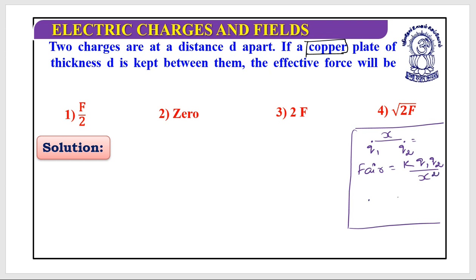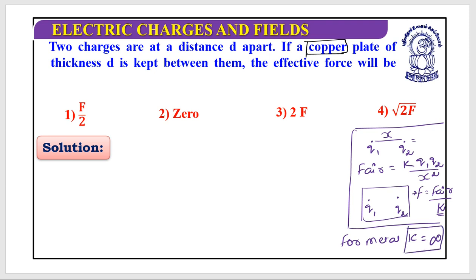Now if a metallic object has been placed between them, then the force is F of the air divided by k, where k is the dielectric constant of that material. For metal, k should be infinite. You have learned this in previous classes.